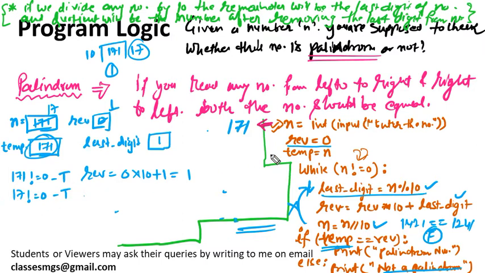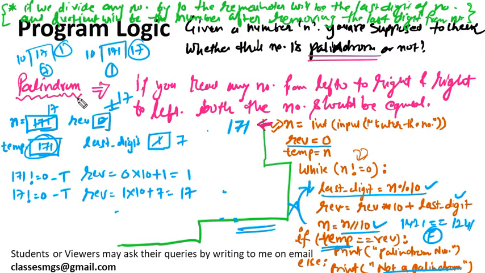Again the last digit will be calculated. This time 17 will be divided by 10, the remainder will be 7 and 1 will be the quotient. So the last digit will become 7. Reverse equals 1 into 10 plus 7, that will be 17. And n equals n divided by 10, that means 1 will be the quotient, so n becomes 1.